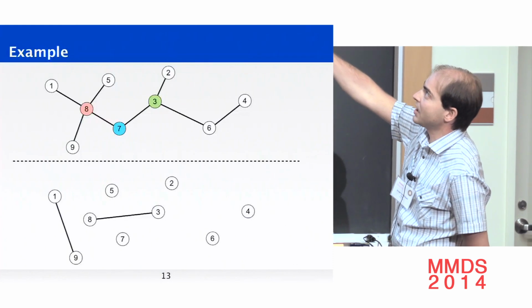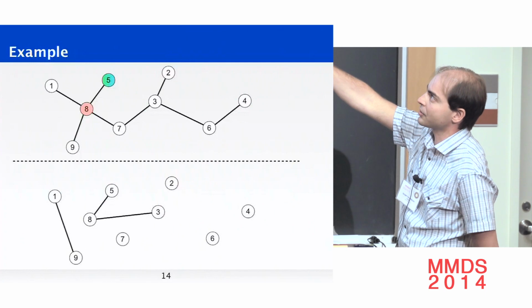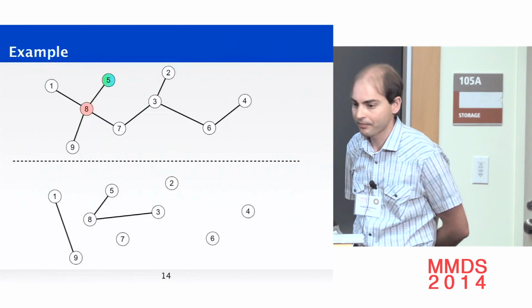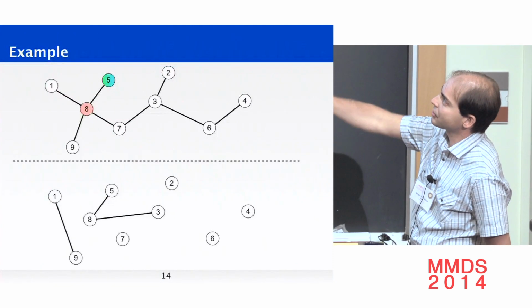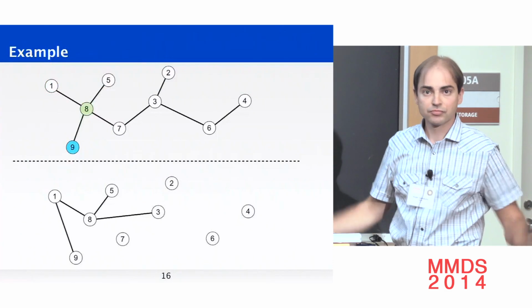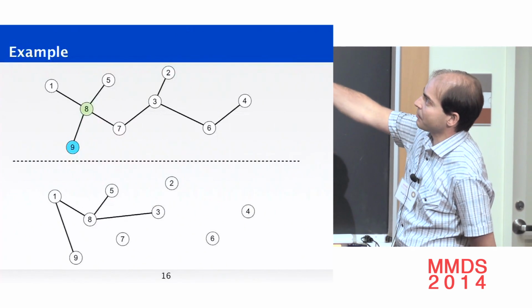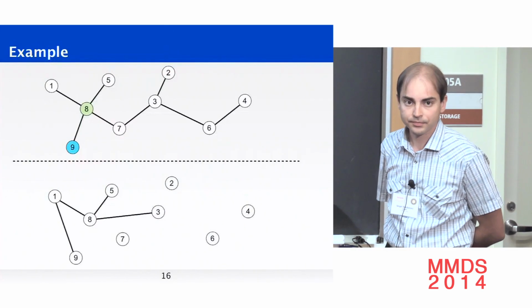If I look at 5, it itself is the minimum neighbor that it has, and its only larger neighbor is 8, so I add another edge. And I keep on doing this. If I look at 9, it has no larger neighbors, so I don't add any edges with respect to it. And if you do this on the remainder of the nodes, you can trust me that you get a graph that looks like this.